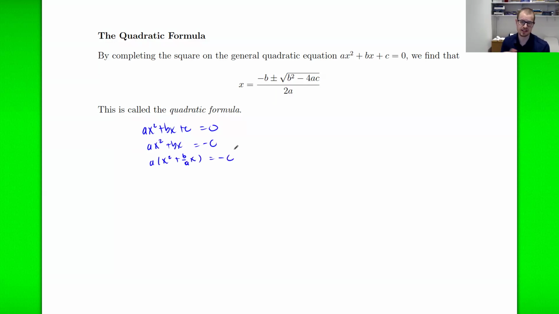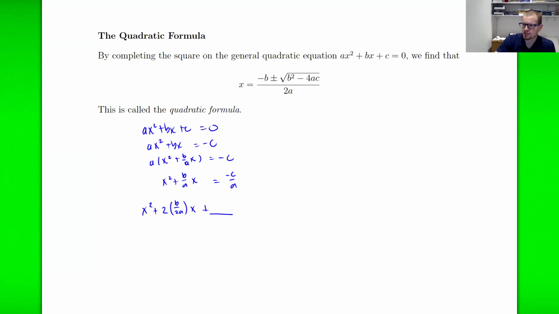Now I can more clearly divide both sides by a to obtain x squared plus b over a times x is equal to negative c over a. This doesn't look particularly convenient. That's okay. We can still use the method of completing the square, even though it looks messy. I'm going to recognize that I want x squared plus 2 times something, so I need that b over 2a times x.